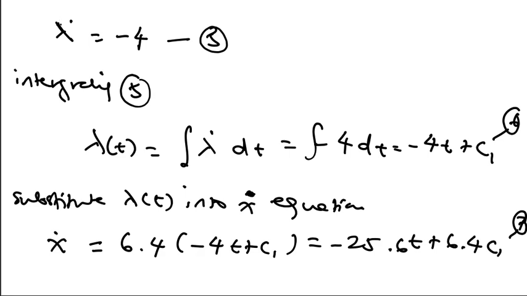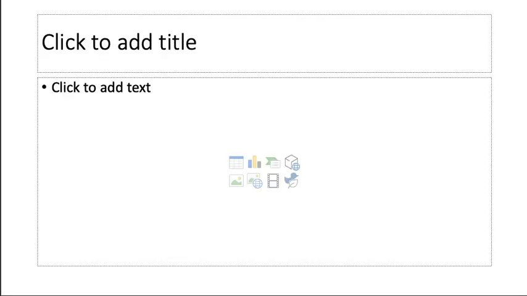So lambda dot, we integrate, we get lambda. X dot, we integrate, we get x, as a function of t. So now we integrate it. Let me erase this first.